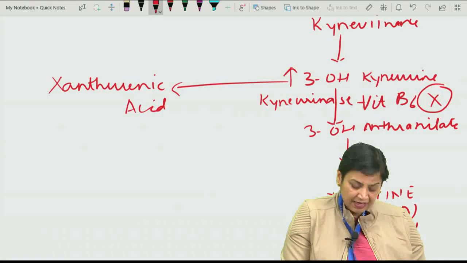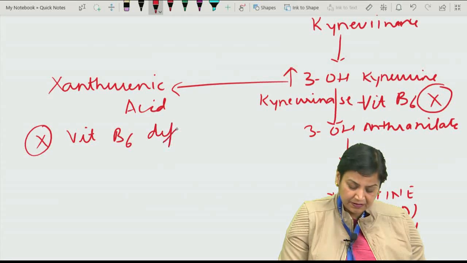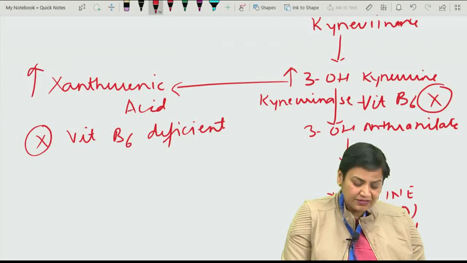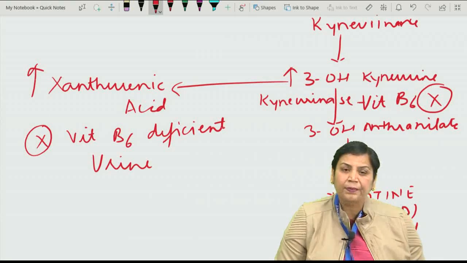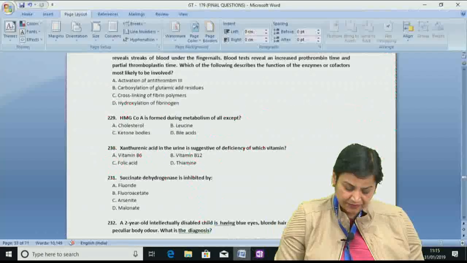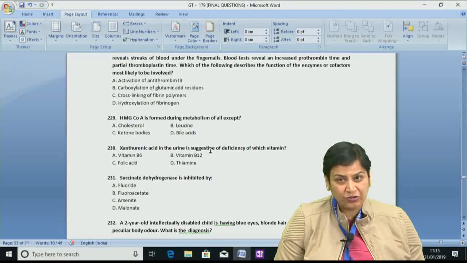So you can say in vitamin B6 deficient subjects, there is excretion of xanthurenic acid in urine. And that is what the question says. Xanthurenic acid is suggestive of deficiency of which vitamin?